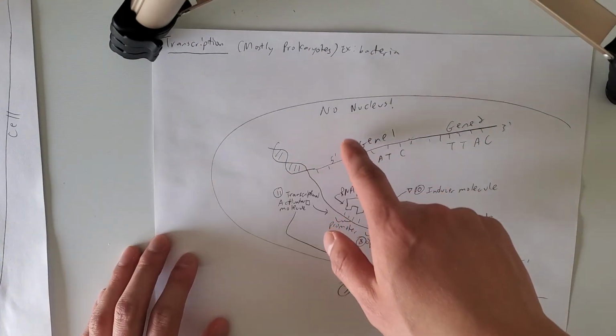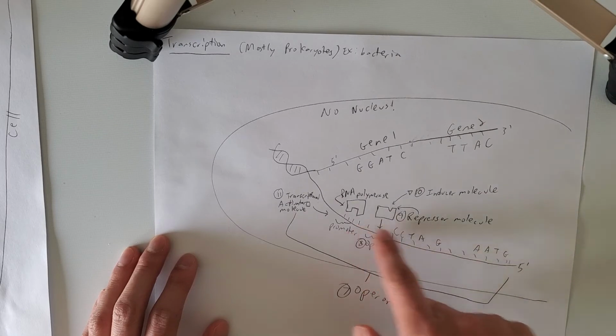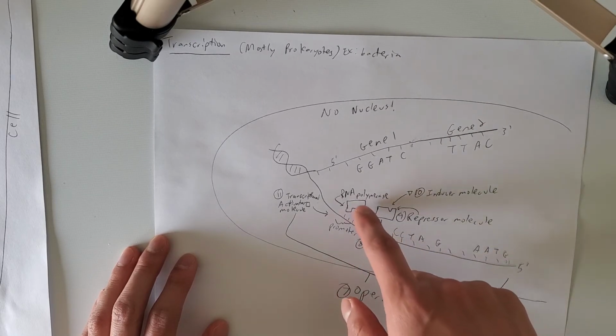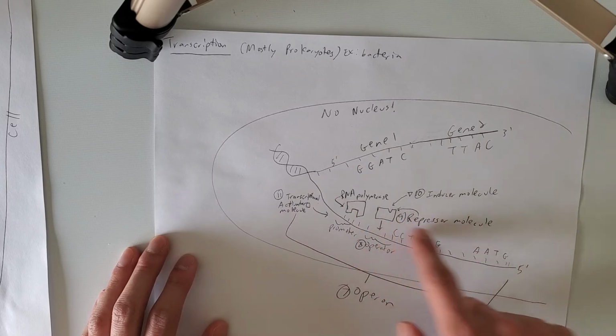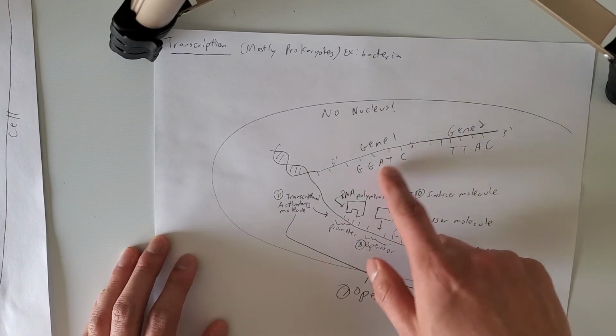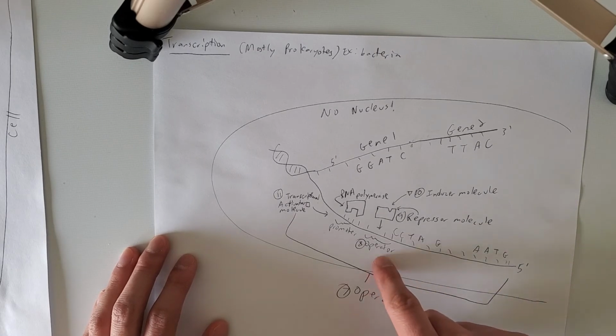For prokaryotes, there might be more than one gene that's right after the promoter. And so when RNA polymerase attaches onto the promoter, it will get the instructions of more than one gene into that mRNA. Now, there's a new word here, operator.